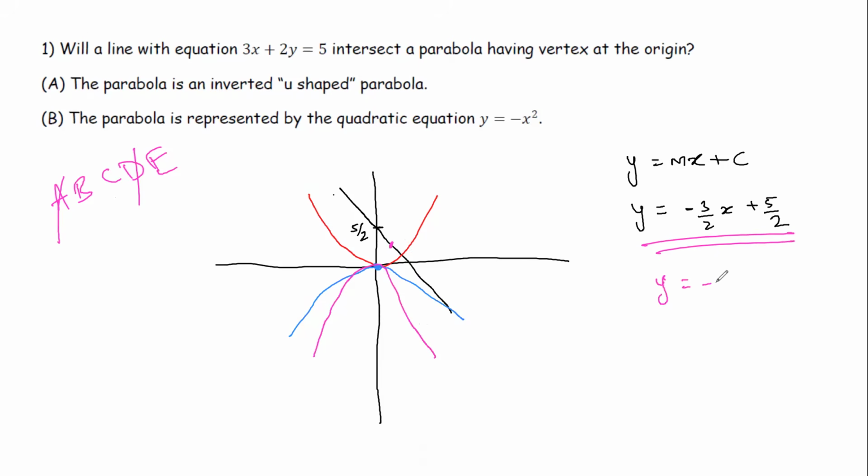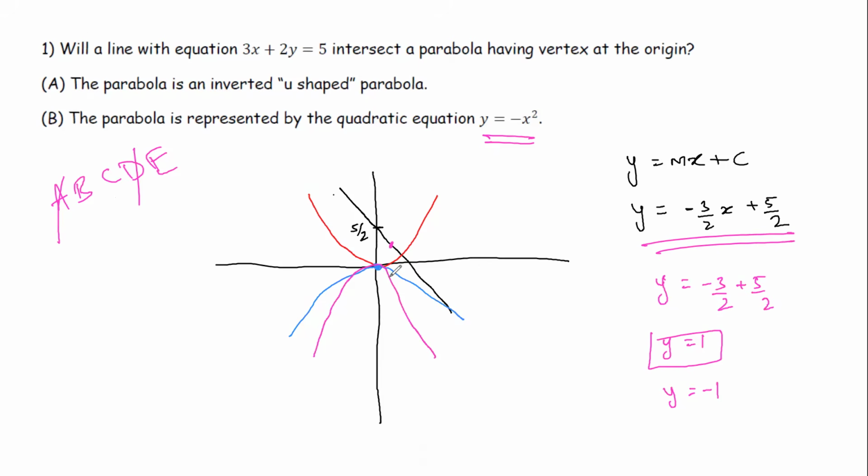When x is 1, y is negative 3 by 2 plus 5 by 2. So that is negative 1.5 and positive 2.5. So y is equal to 1. Okay. And we have this y is equal to negative x square. All right. So when x is 1, we get y equal to negative 1.